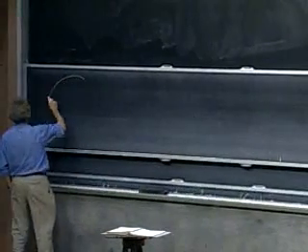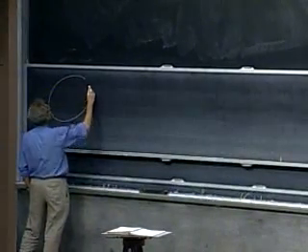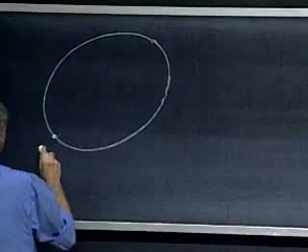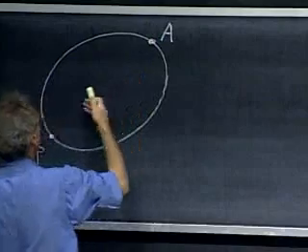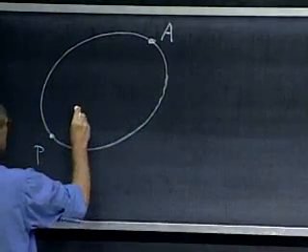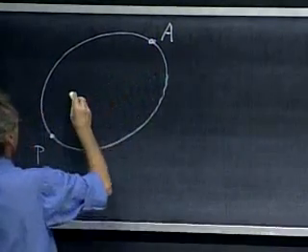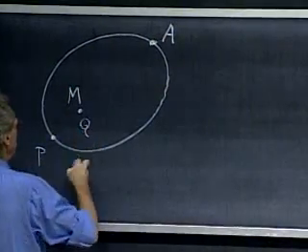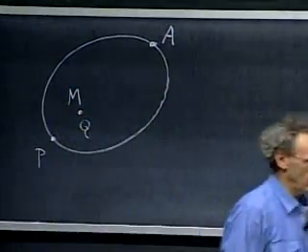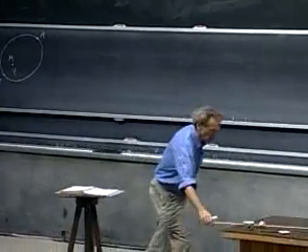So I'm only giving you the initial conditions. So here is an ellipse. Here is P and here is A. If this is an ellipse around the Earth, then this would be perigee and this would be apogee. The mass is capital M. This is point Q. Let me get a ruler so that I can draw some nice lines.